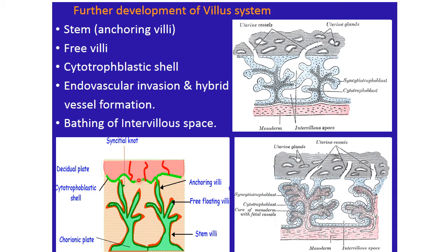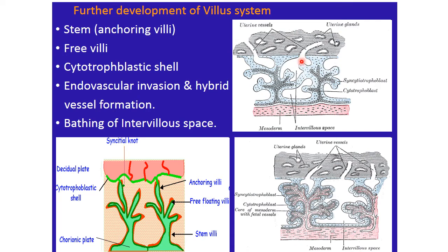At the same time, the syncytiotrophoblasts also start to penetrate more and more into the decidua, and they also cause disruption of the wall of the endometrial capillaries present in the decidua and start leaking of the blood from those disrupted endometrial capillaries, and that blood starts to fill the intervillous space through the perforations in the cytotrophoblastic shell.